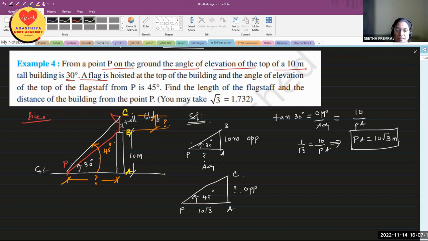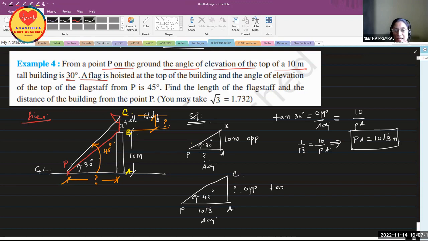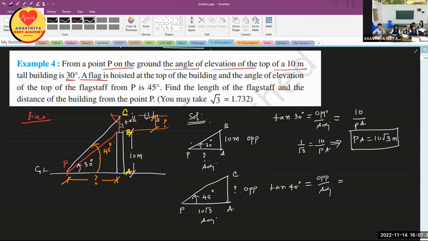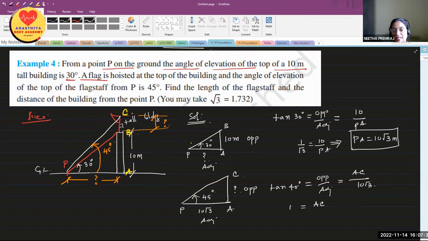Opposite by adjacent. Again tan 45 is equal to opposite by adjacent, that is AC divided by 10 root 3. What is tan 45? That is 1. So AC is equal to 10 root 3.